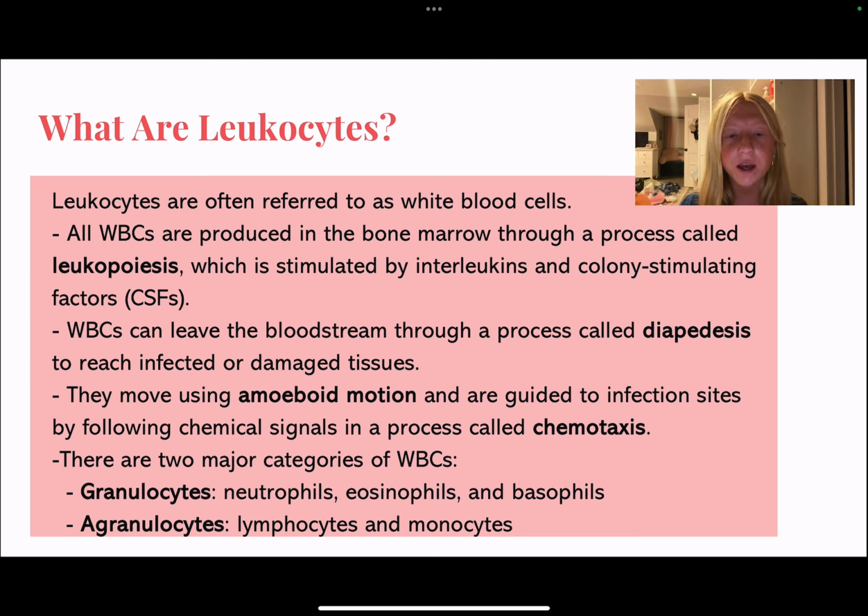They move using amoeboid motion and are guided to infection sites by following chemical signals, and this is called chemotaxis. The two categories of white blood cells include granulocytes and agranulocytes. Granulocytes consist of neutrophils, eosinophils, and basophils, while agranulocytes consist of lymphocytes and monocytes.